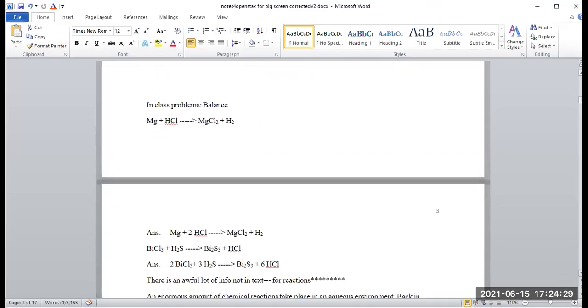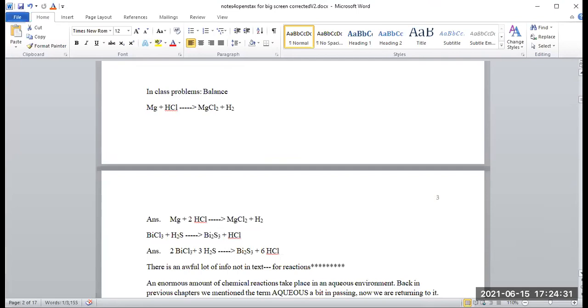So when you rewrite your equation, instead of having 1 molecule of HCl, you have to have 2, because otherwise you don't have enough pieces in order to make the things that are on the right-hand side. You have to balance it, and that's going to be your new equation.